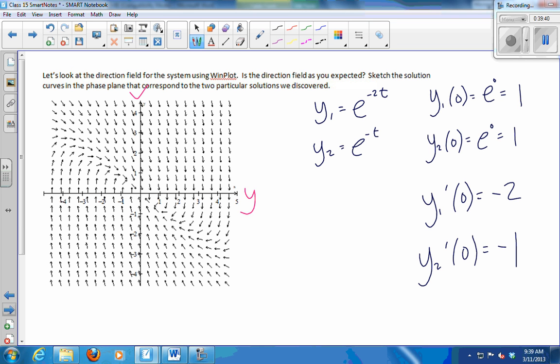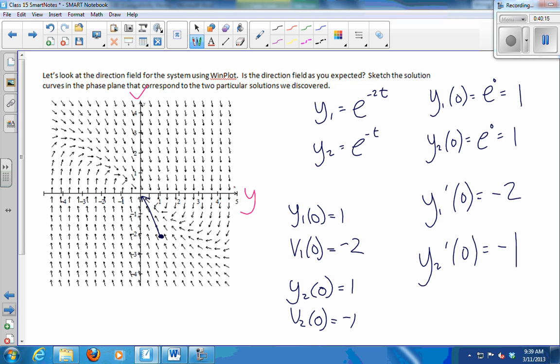So my initial values are y1 of 0 is 1 and v1 of 0 is negative 2. So 1, negative 2 right here, and it goes like that. My other solution is y2 of 0, which is 1, v2 of 0, which is negative 1. So we've got 1, negative 1 right here, and it also goes into the origin like that.